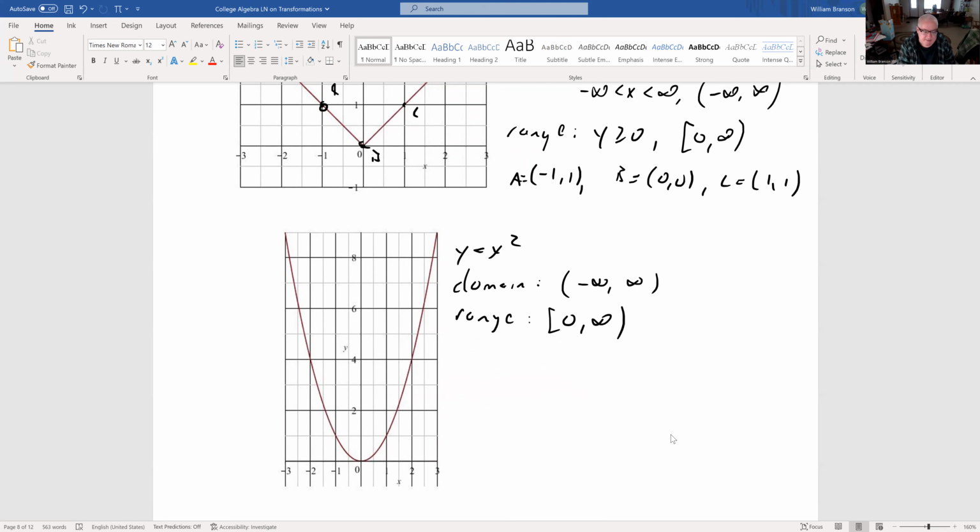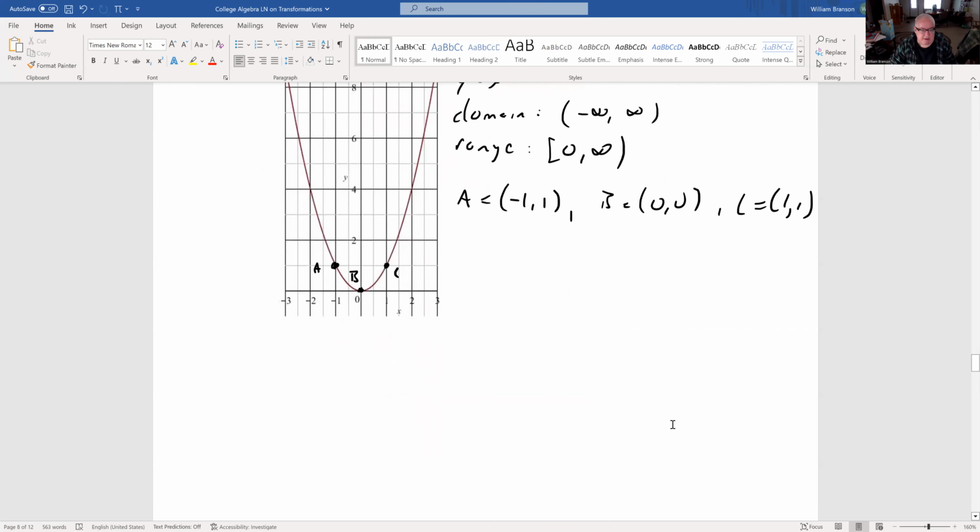And again, 3 special points. A is -1, 1. B is the point 0, 0. C is the point 1, 1. So -1, 1 is here, 0, 0 is here. And again, when we're thinking about moving points around, those are 3 good points to keep in mind.